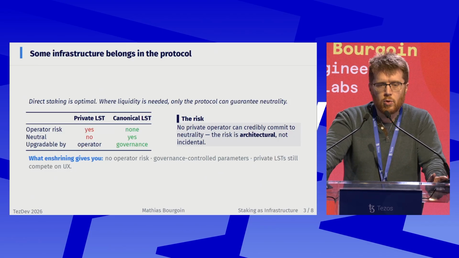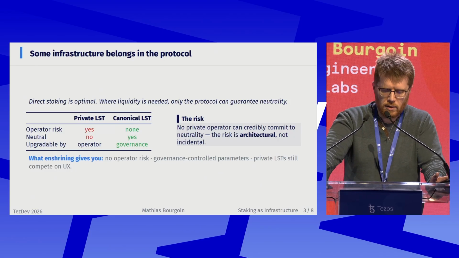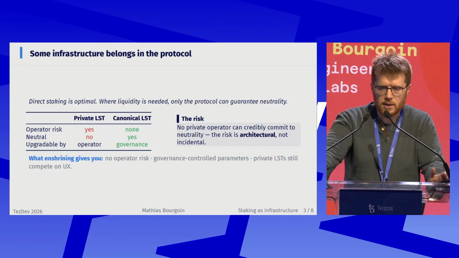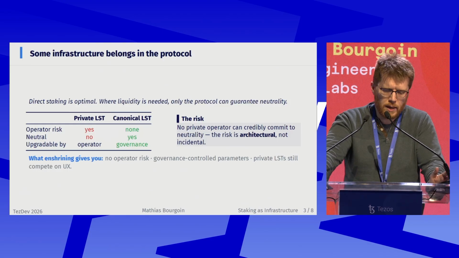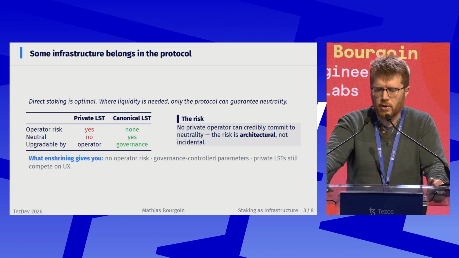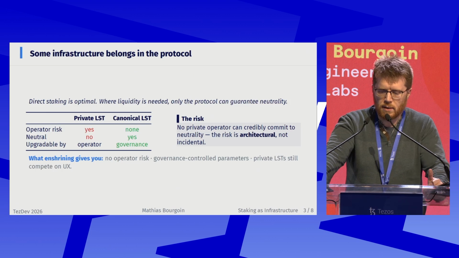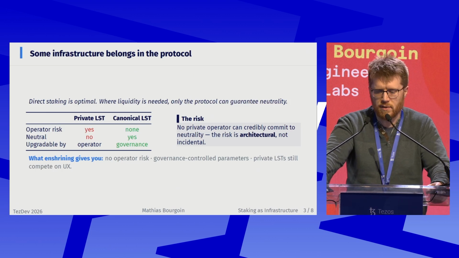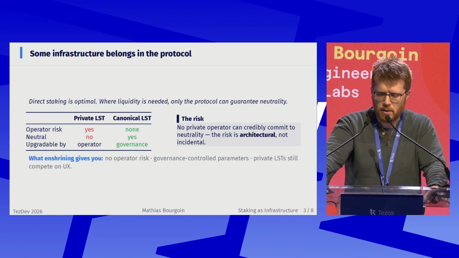So as I said, through private LST, there is an operator, there is a smart contract that can be upgraded by this operator. Through Canonical LST, there is no operator. The risk is handled by the protocol itself. The governance, the upgradability is handled by the protocol, and we consider that it mitigates, removes even the risk completely, this neutrality risk.